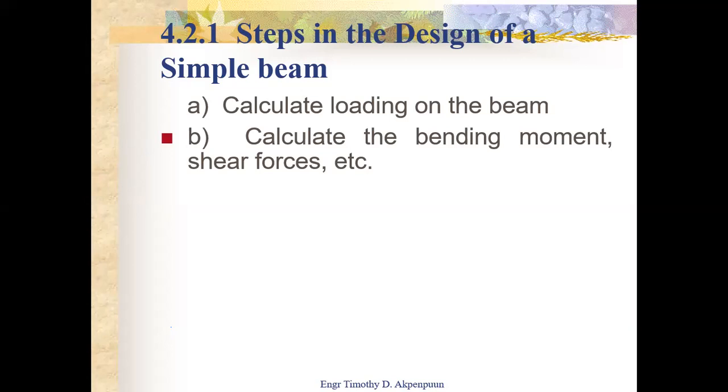So for you now to resolve this 10 kg per meter squared or 10 kilonewton per meter squared into a point load, what do you need to do? You're going to multiply by area. What area? The total area of the surface.